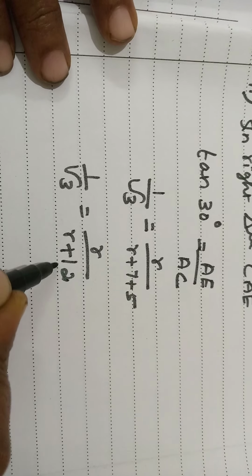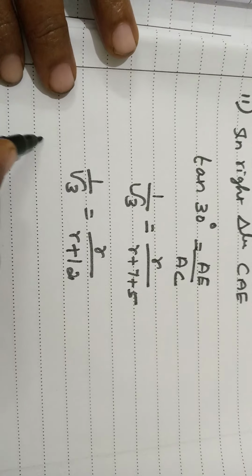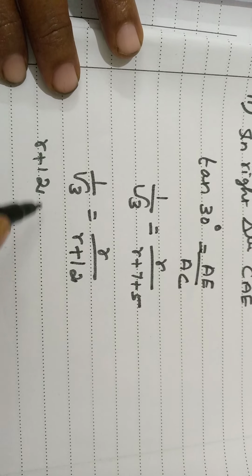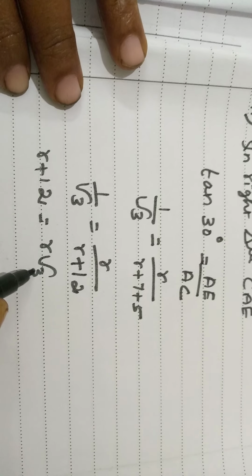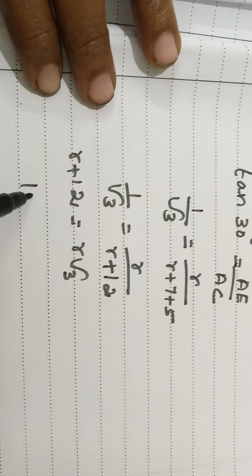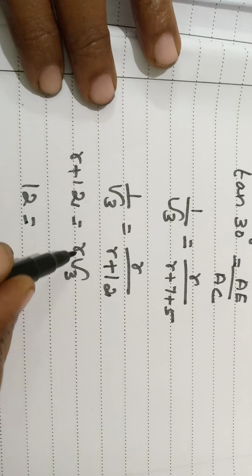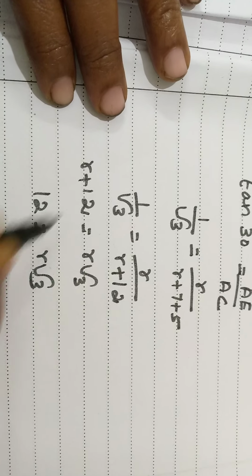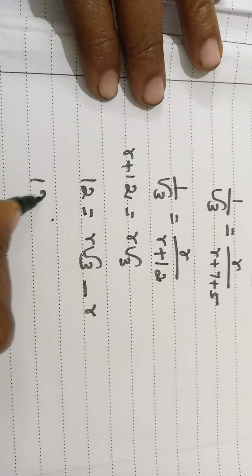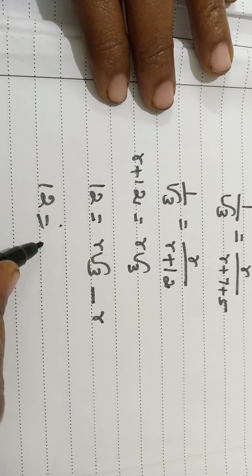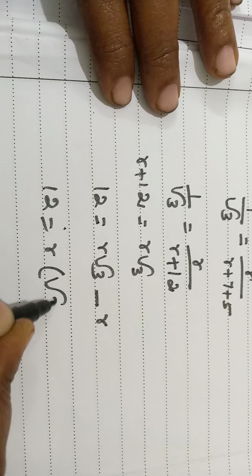Okay, cross multiply it. 1 into R plus 12, that is R plus 12 equal to R into root 3. That is 12 is equal to R root 3. This R term bring here, so minus R. 12 is equal to R, commonly take it, R into root 3 minus 1.